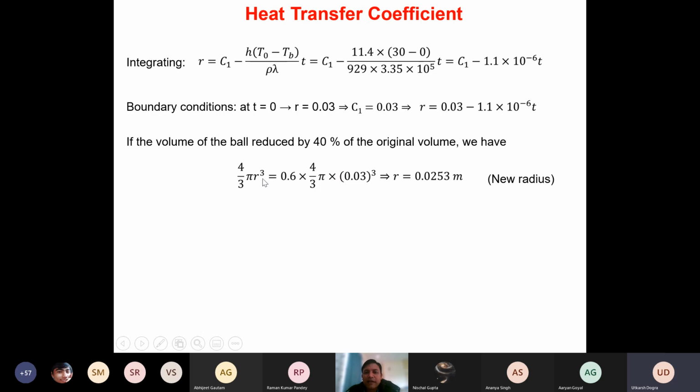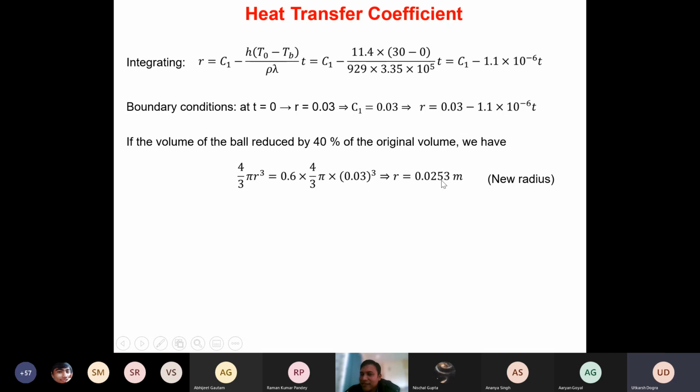So 4/3 pi r cubed, with this new radius, will be 0.6 times 4/3 pi times the initial radius cubed. So this is the initial volume multiplied by 0.6, that is the new volume we are going to have after 40% reduction. So the new value of the radius is 0.0253 meter.